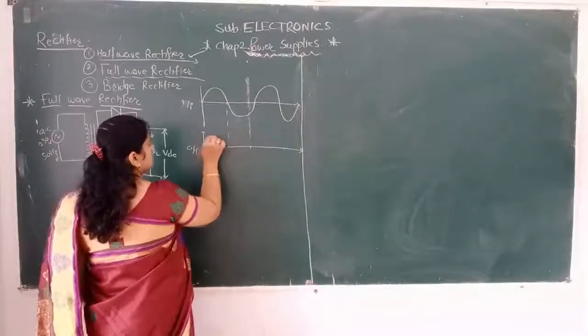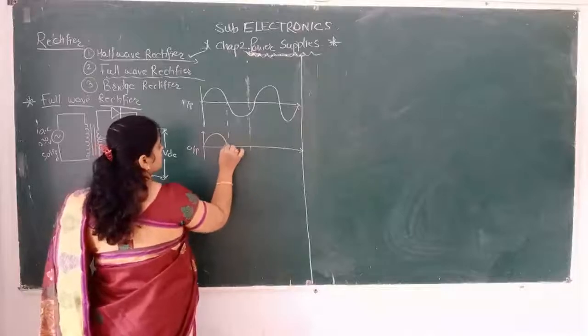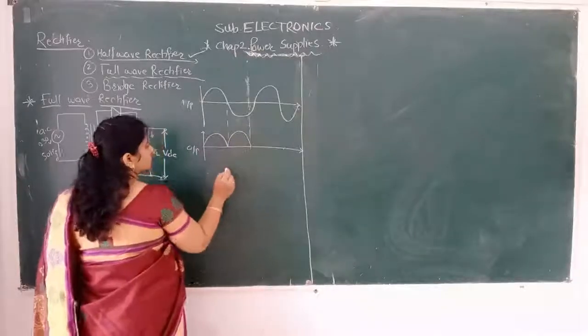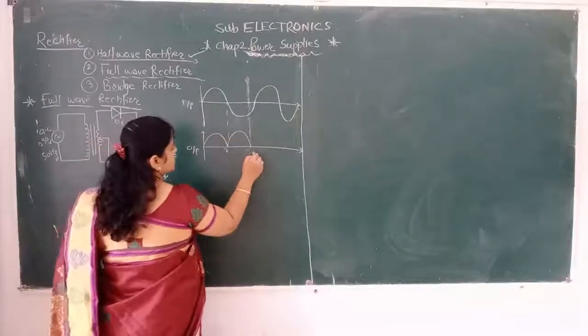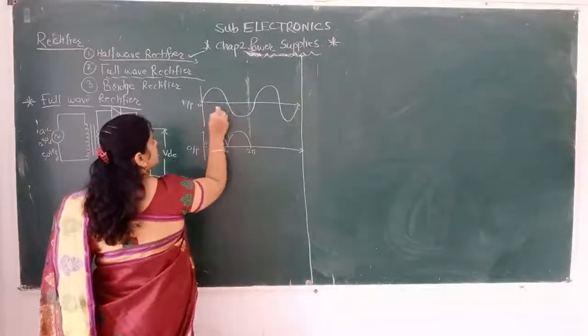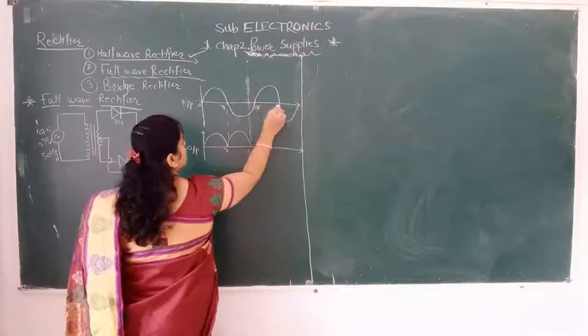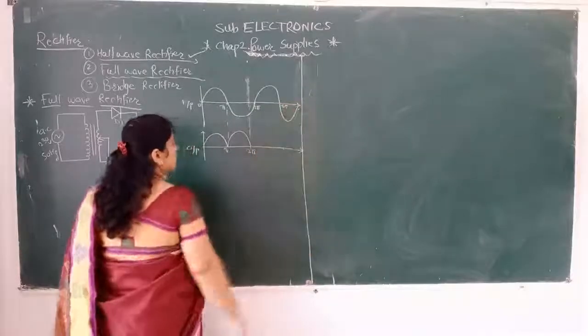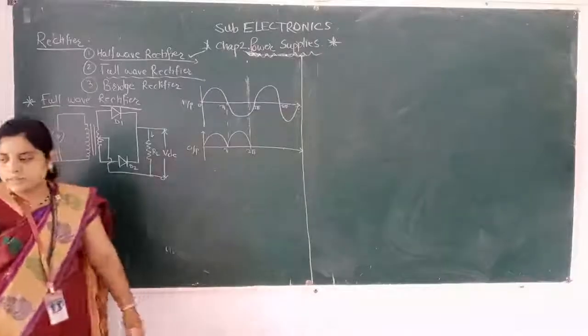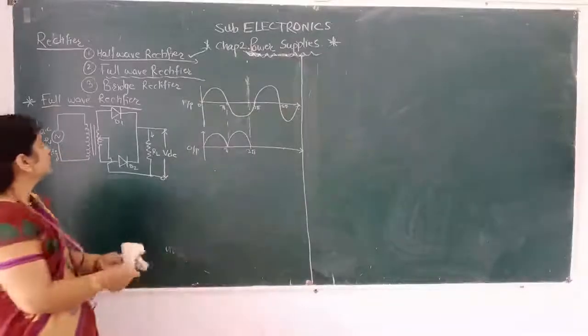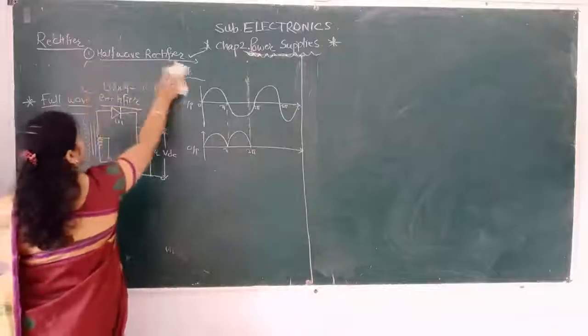What happened in the output waveform? See, this is 0, .5, 2.5, 3.5. We will see in detail what is there in the full wave rectifier.